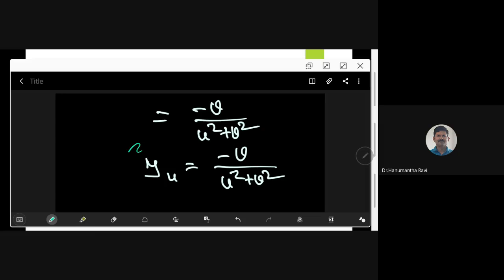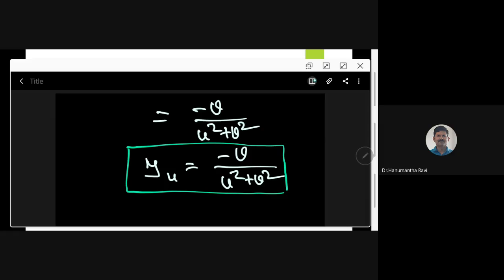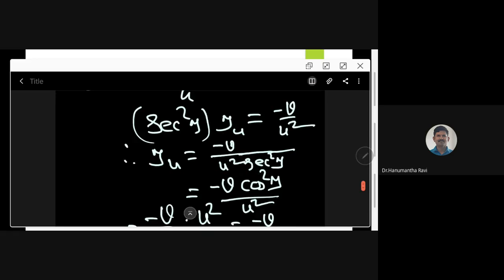We can see the problems. Many problems can be done in an easy way, but what is the purpose of this Jacobian? I would like to convey that. That is why I am giving an example here. Then we directly go to the problem solving session. This is one thing we need to observe, and one more thing here.